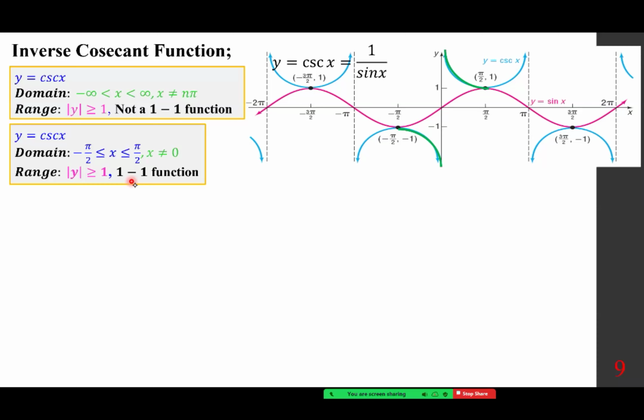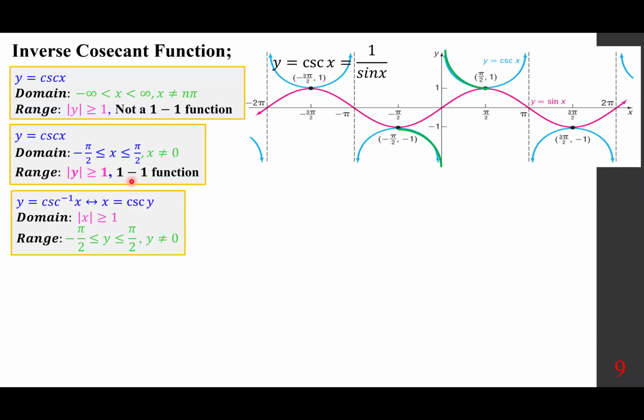Because it's a one-to-one function, it has an inverse. So y equals cosecant inverse x means x equals cosecant y. The range becomes the domain: all real numbers except numbers between negative 1 and 1.